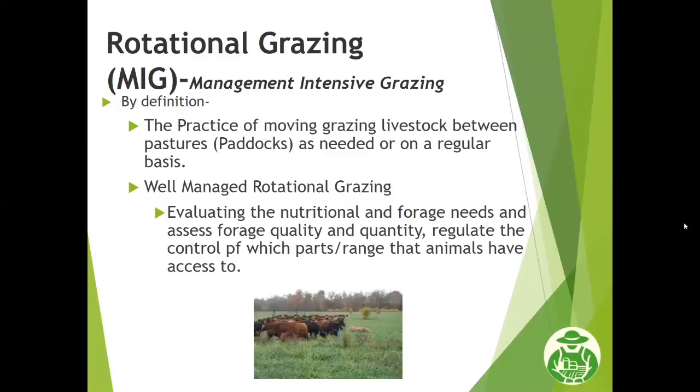A well-managed rotational grazing system shows how to evaluate the nutritional and forage needs, assess forage quality and quantity, and then helps regulate which parts of the range or pasture the animals have access to. So that is the definition.